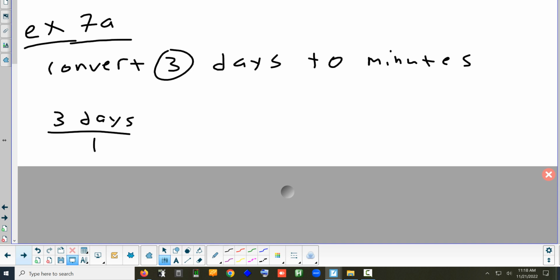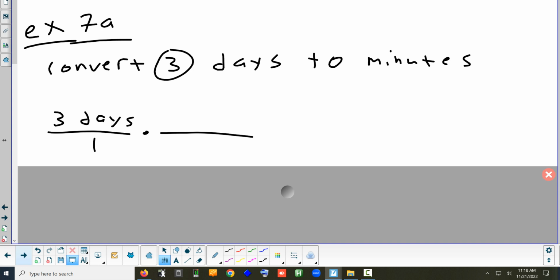We're going to end up writing a series of fractions. This just looks like trigonometry. We want to convert days to minutes, and we're going to do it one unit at a time, because I don't know how many minutes are in a day off the top of my head. But I do know how many hours are in a day, and that'll get me one step closer to minutes.